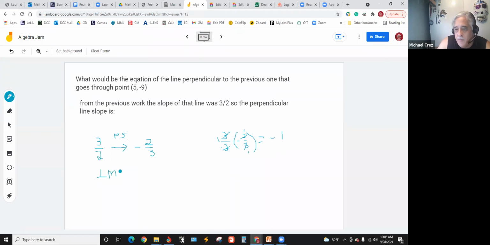Perpendicular slope is equal to -2/3. So the simple way to do it is just take the reciprocal and the opposite sign. In this case, it was positive, so it becomes negative. If you started out with a slope that was negative, you change the sign to positive, and then do the reciprocal. So let's just do this line real quick because I want to be able to finish this.